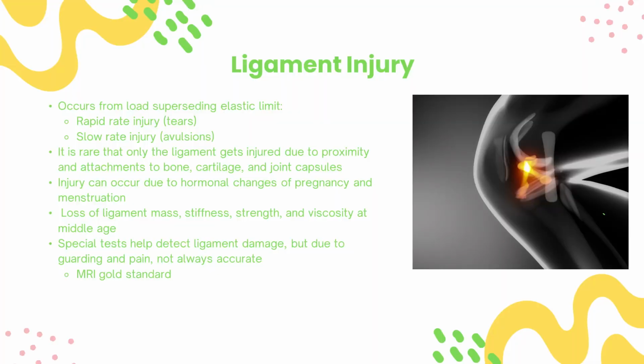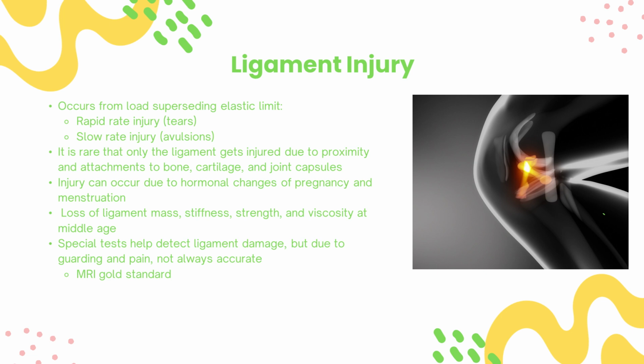Now, when it comes to a ligament, we have rapid rate injuries, and these are those things that you see most athletes go through. It's on a field and they get a blow to their knee and they tear that MCL. Those rapid rate injuries where that load has overloaded the actual ligament are going to cause tears to the ligament.